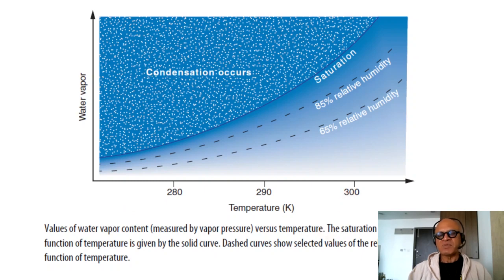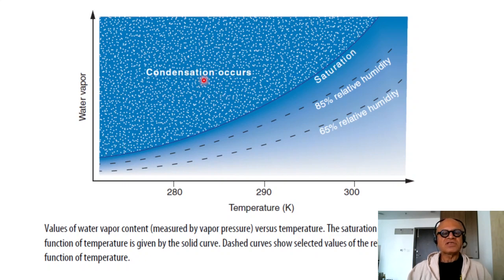The saturation vapor pressure as a function of temperature is given by this solid curve, which is what we called the Clausius-Clapeyron relation, which in a simpler form is written as dq/dT, the temperature dependence, as a times e to the beta T, so it increases exponentially with temperature.